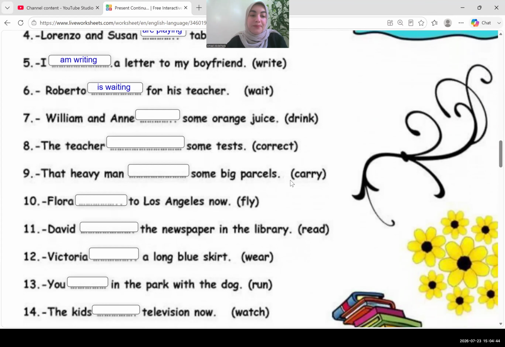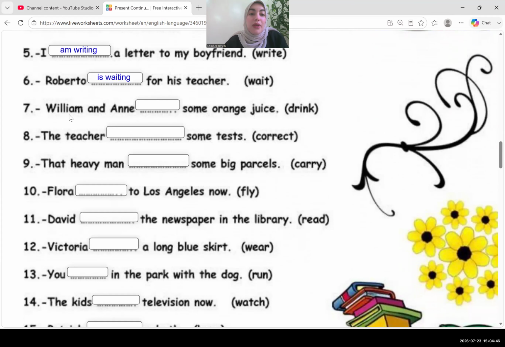William and Anne, they are plural nouns, so they take are. Look at the verb, drinking some orange juice. The teacher is correcting some tests. First, look at the subject.